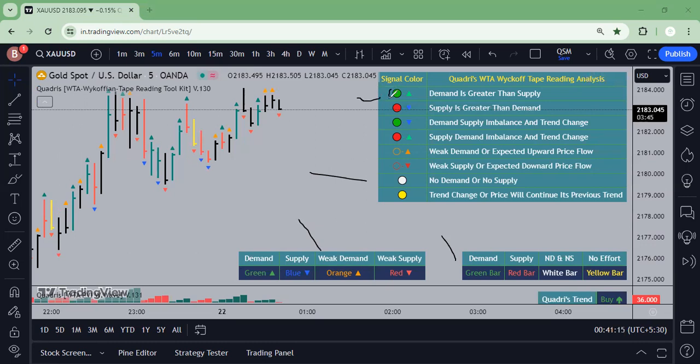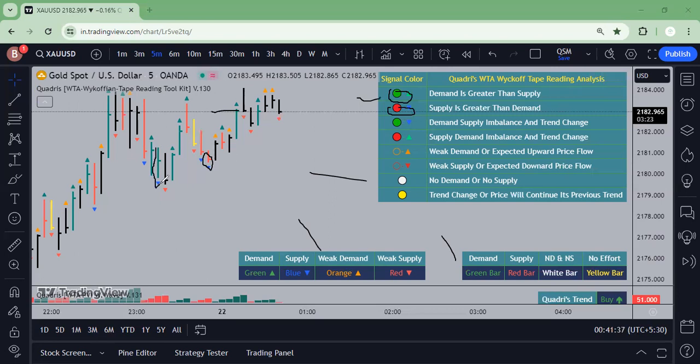The first analysis was a green candle or green bar with a green triangle. Then a red candle with a blue triangle. Then a green candle with a blue triangle.